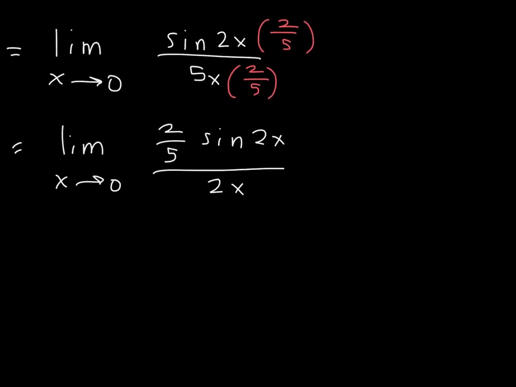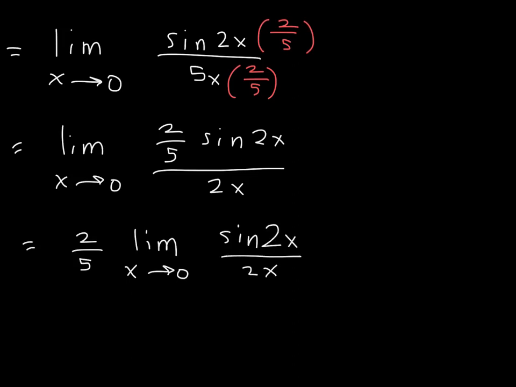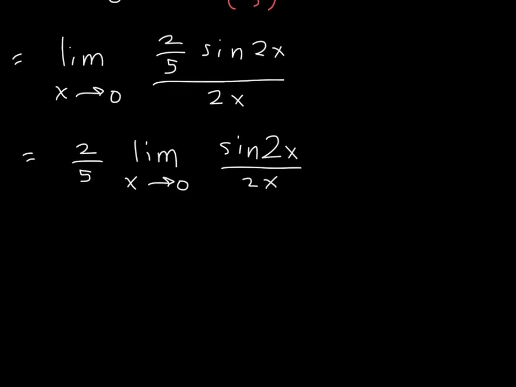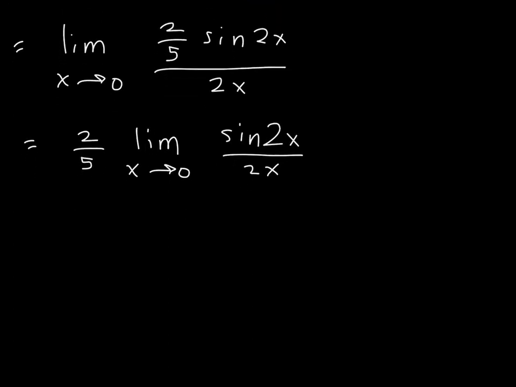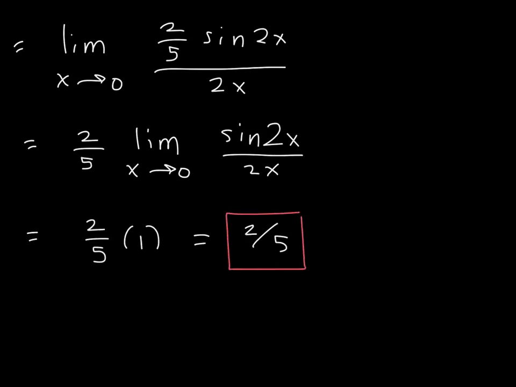So then this is now 2/5 times the limit as x approaches 0 of, watch this, sine of 2x over 2x. So this is exactly what we needed. Now we can use our findings, right? This is 2/5 times 1. So then the limit is 2/5. Wasn't that clever? Good job.